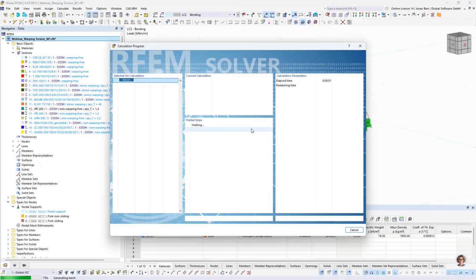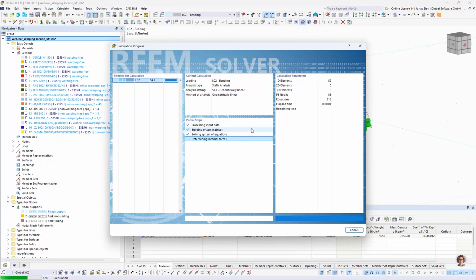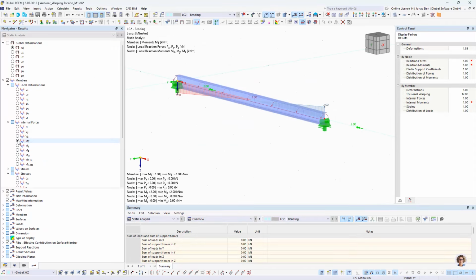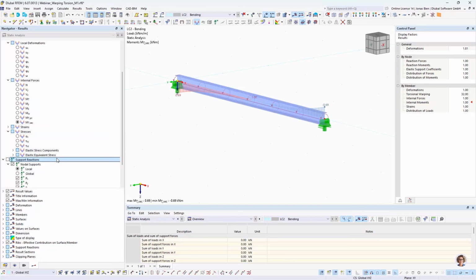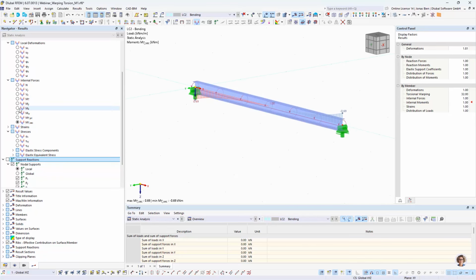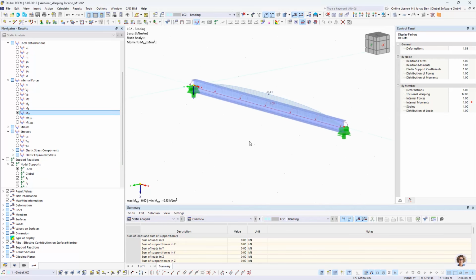We have 7 degrees of freedom turned on, first order theory simulation, and what we get should be a torsional moment, and we should have both effects, primary and secondary torsional moment here, because we don't have a constant torsional moment. Let's disable the support reactions, not to confuse us. And of course, we should have also a warping bimoment.